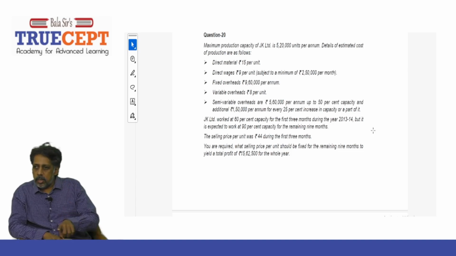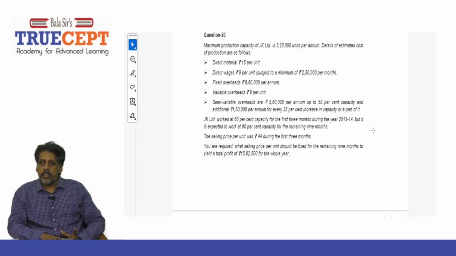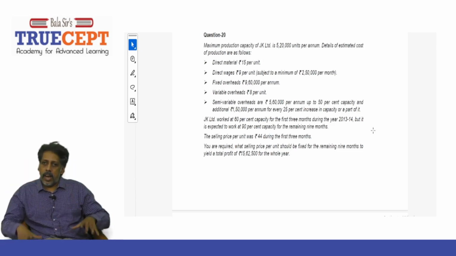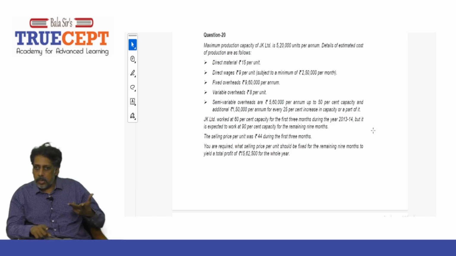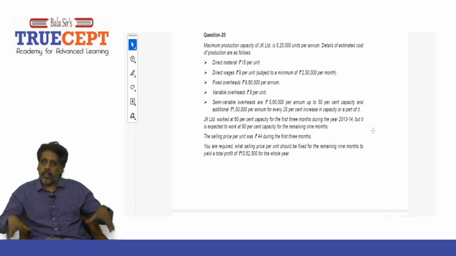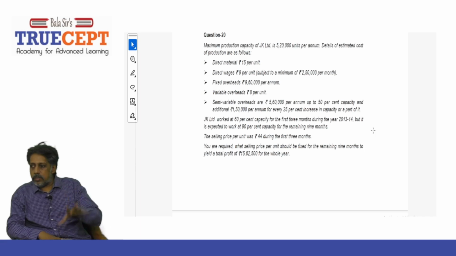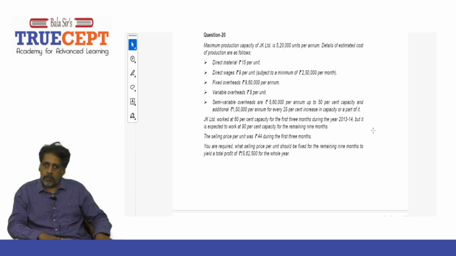But here the overheads have been classified based on the cost behavior. There are certain overheads that are fixed, doesn't matter how many units are produced. Example, the rent you pay for the factory. Got it?